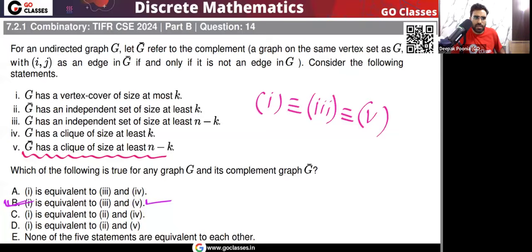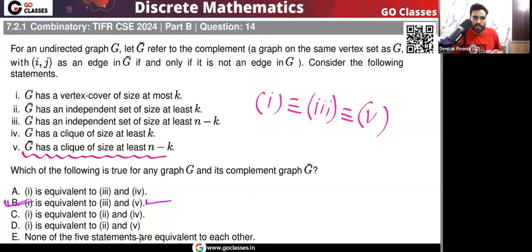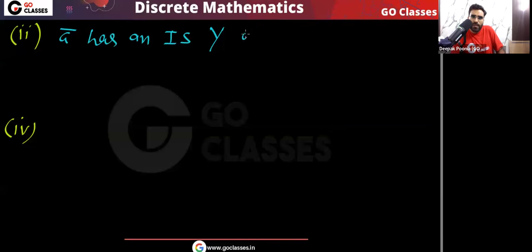Let's call it P, or you can call it Y. So G complement has an independent set Y of size at least k.